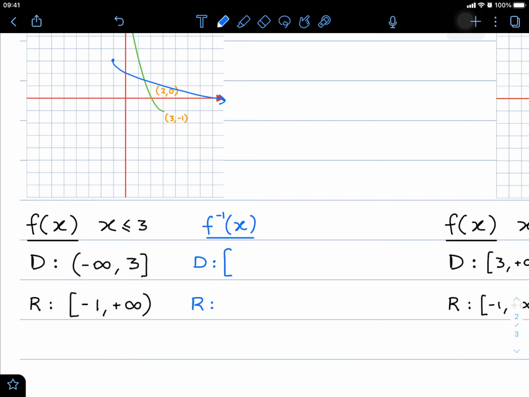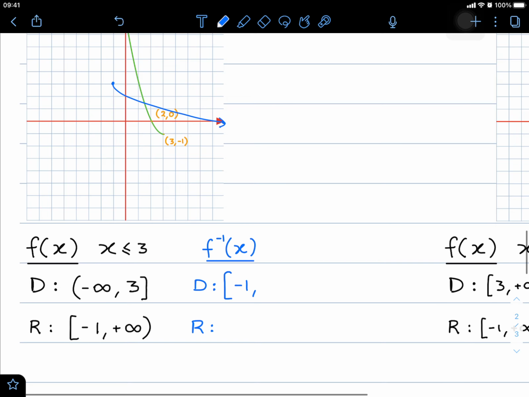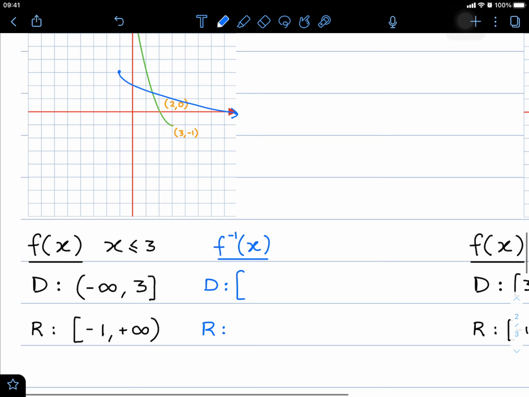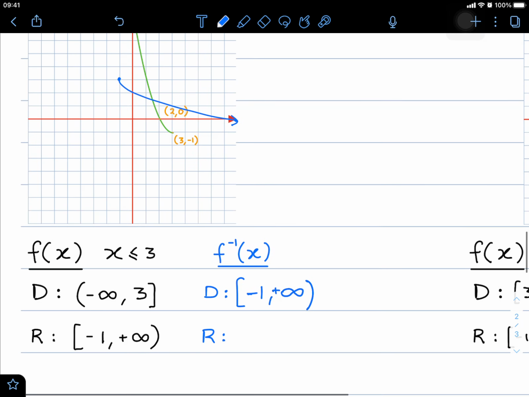So its domain is from -1 to +infinity. Had a little bit of a moment there. Let's take a look. It starts at -1, and we can input any x value up until +infinity.